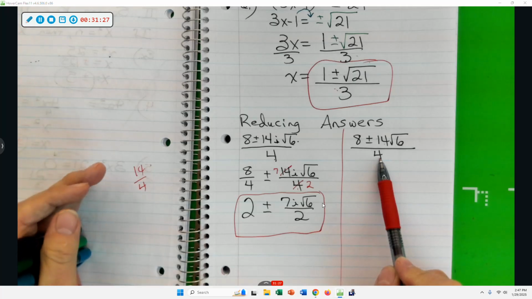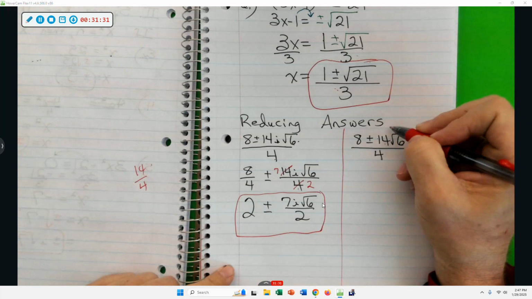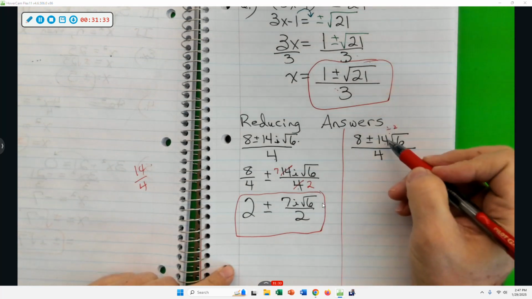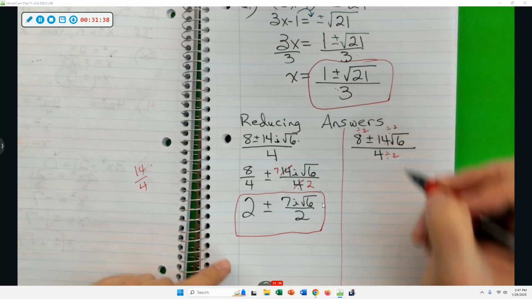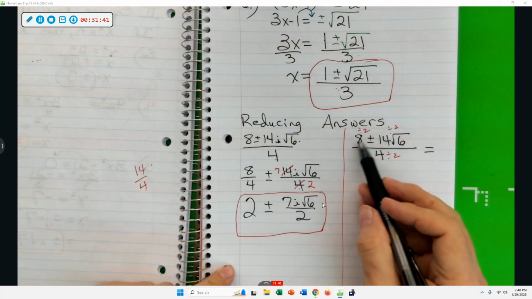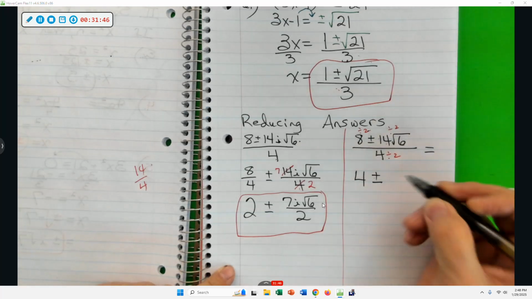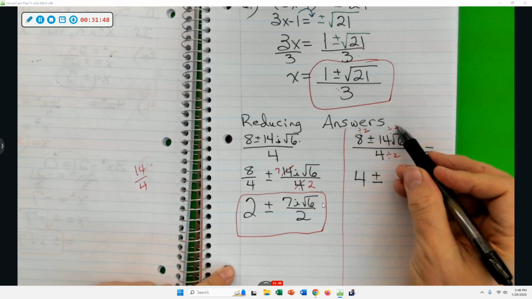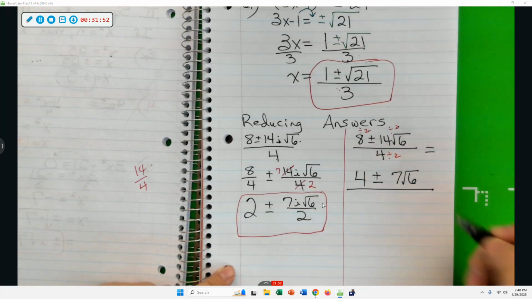What is it? 2. So you're going to divide by 2: divide the 14 by 2, divide the 8 by 2, divide the 4 by 2. 8 divided by 2 is 4, plus or minus 14 divided by 2 is 7 square roots of 6, all over.